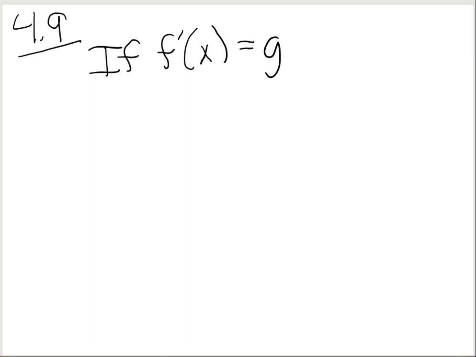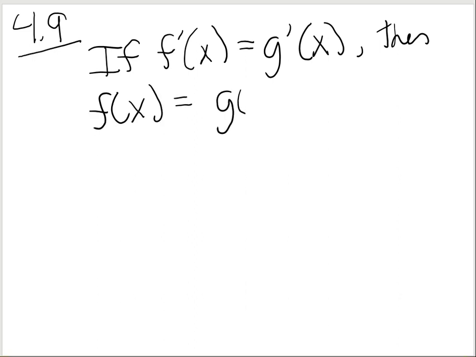I believe it was during mean value theorem, but basically, using the mean value theorem, you can show, and we will not now, that if f prime of x equals g prime of x, then f of x is equal to g of x plus some number c. And this is a constant.